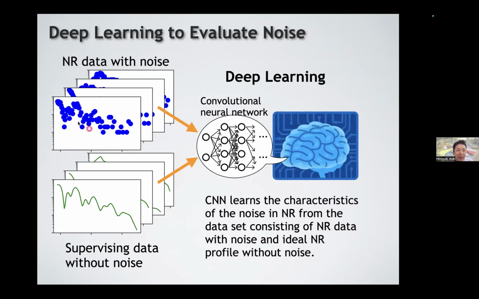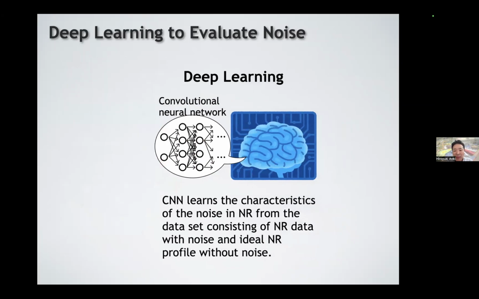By generating the noisy data by simulating our instruments, as supervising data we calculate the theoretical reflectometry profile like this, and the pair of this ground truth data and noisy data is input to the neural network to learn the true noise component in this data.